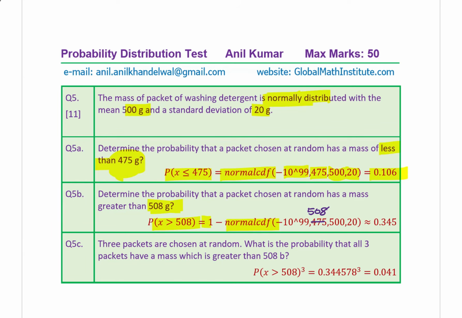And when you substitute these values in the calculator, then you get the answer as 0.345. Question number 5c. 3 packets are chosen at random. What is the probability that all 3 packets have the mass which is greater than this? So these are independent events, 3 chosen. So it will be cube of this probability, and that gives you the answer as 0.041.